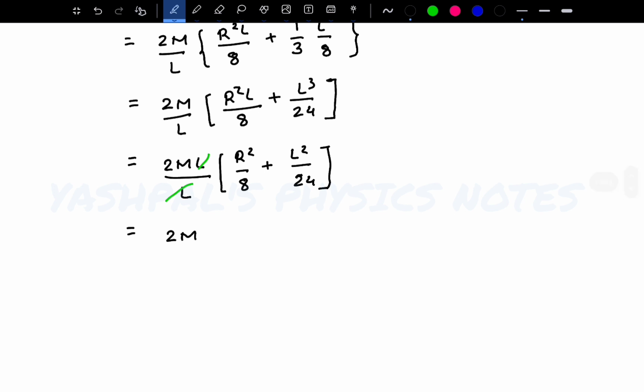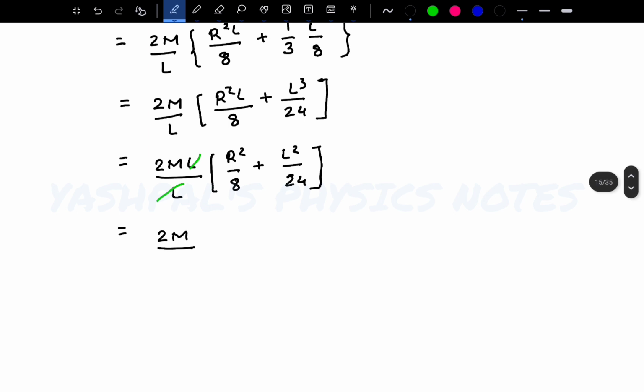So twice m. Now see, in the term there is a multiple of 8. So as I took L outside this bracket, I can take 8 outside this bracket, but we are remaining inside the bracket with R square plus L square by 3. What I have done is I have taken 8 common outside this bracket because it is a multiple.